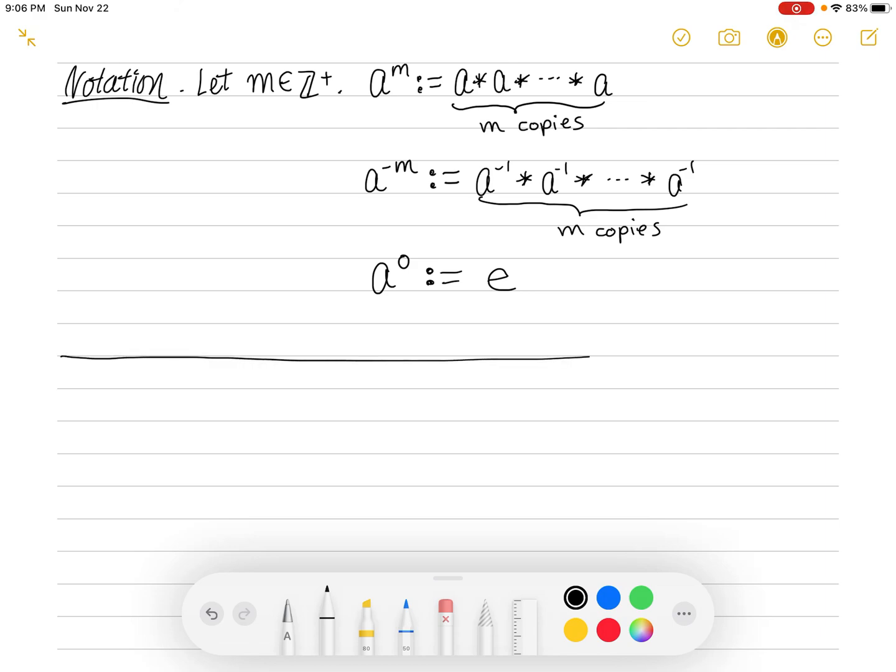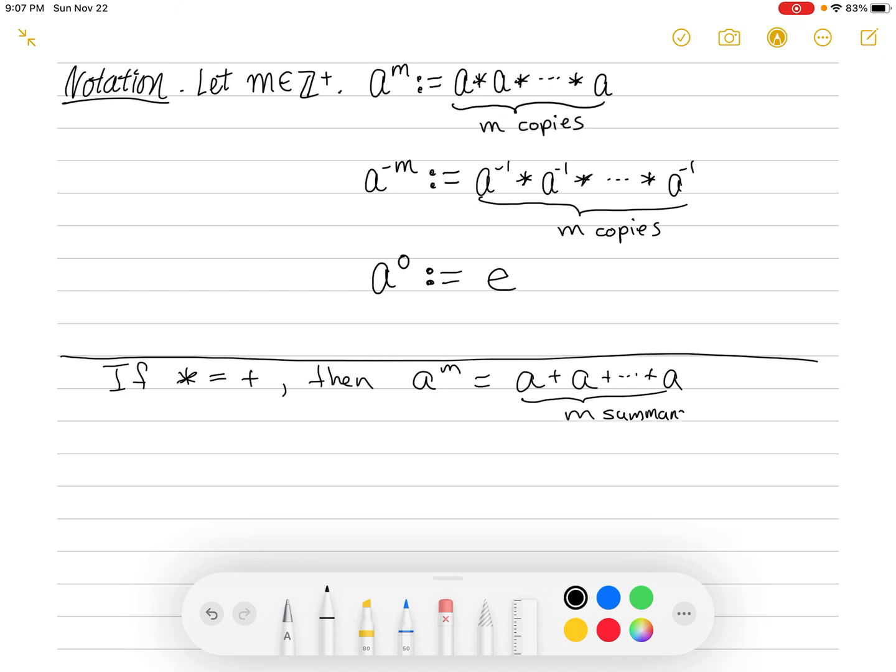So we want to be able to distinguish between the different types of notation. Sometimes, if my star operation is addition, some type of addition, maybe matrix addition or just ordinary addition for integers or addition for Zn, then if I were to write a to the m power, this would actually be a plus a plus so on plus a, and you'd have m summands.